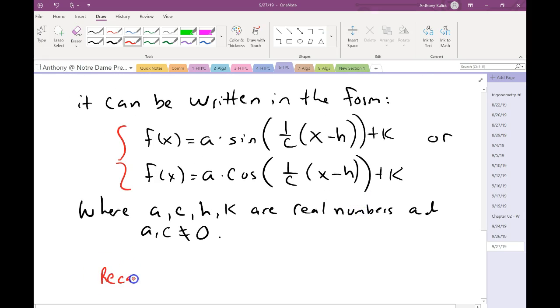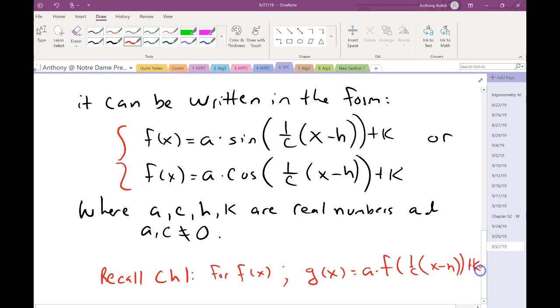So if you recall from Chapter 1, we had for the function f of x, its transformation we called g of x, we could write as a times f of 1 over c x minus h plus k. So all we're saying here is that our f is basically the sine or cosine function. We're still just talking about a transformation.